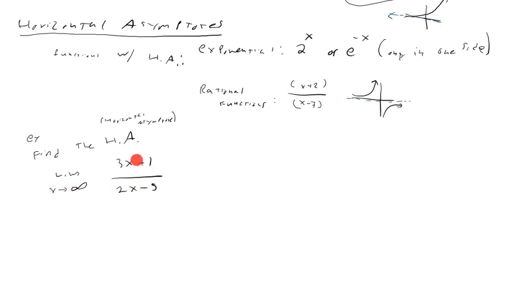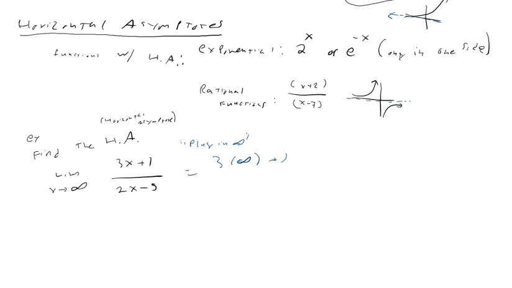Like before, what we're going to do is use our trick of plugging in. I'm going to plug in infinity. So we're going to get 3 times infinity plus 1 over 2 times infinity minus 5.